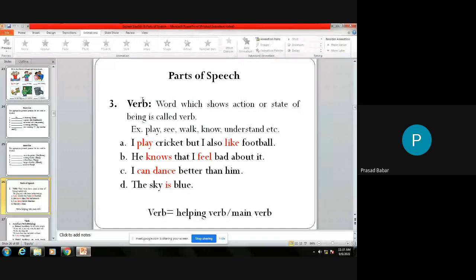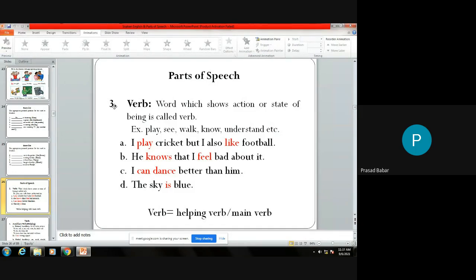So what is verb? Verb is a word which shows action or state of being. So it is a word which shows action, or state of being, a condition or situation.